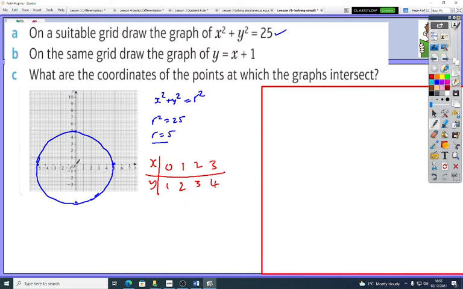If you plot this along here, x is 0, 1, 1, 2, 2 goes to 3, and let's see if I can draw a straight line. Just 1 second.